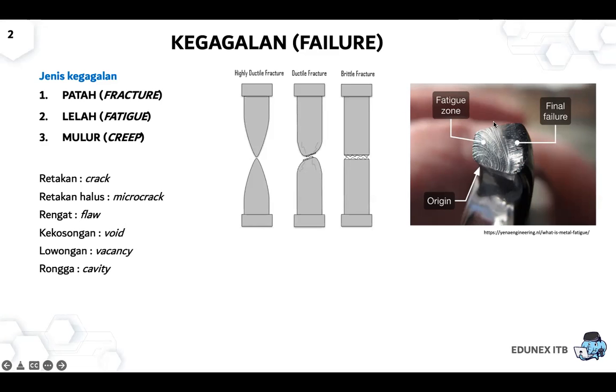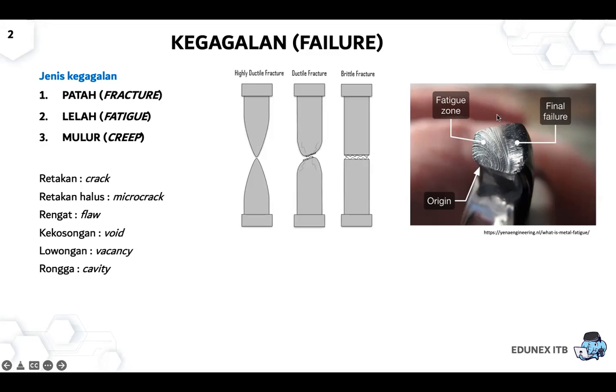Metal fatigue is the one that I think is very hazardous, very dangerous, because in metal fatigue we don't see any deformation or any crack, but after that it just breaks.